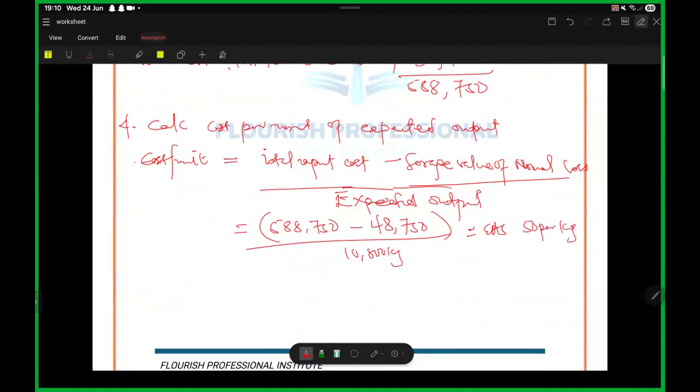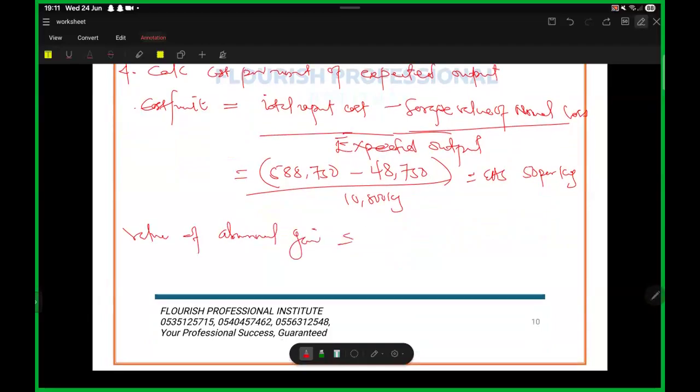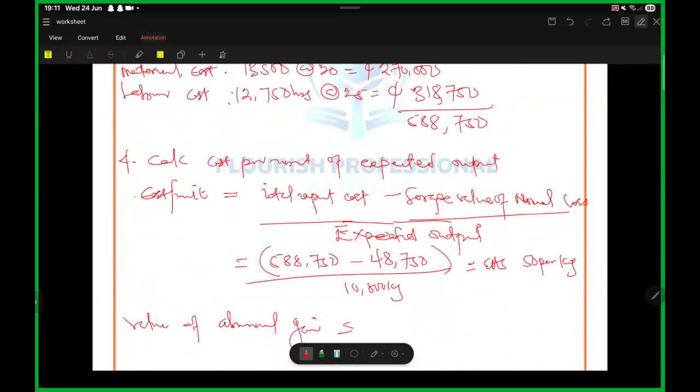Now, because they're telling you to calculate the value of the abnormal gain. The abnormal gain, we calculated it as 2,150 kg.